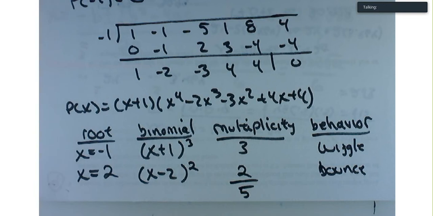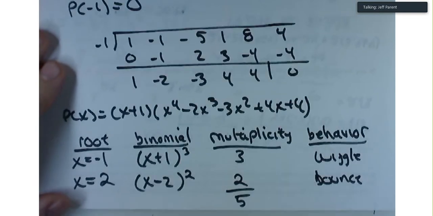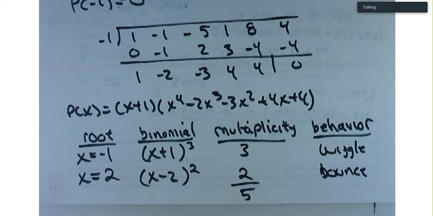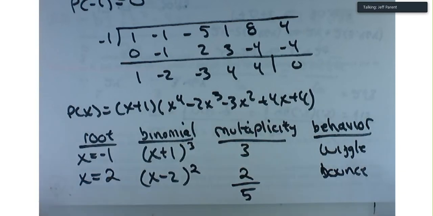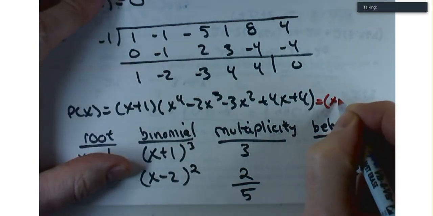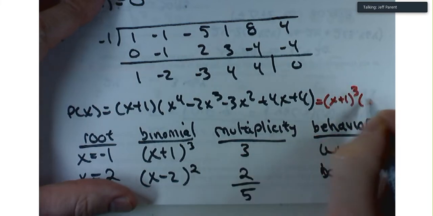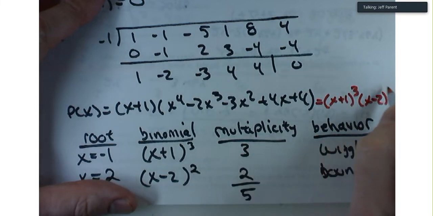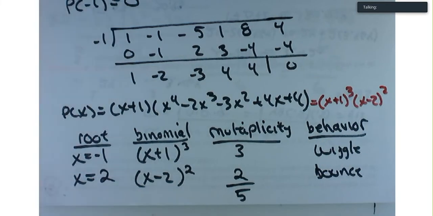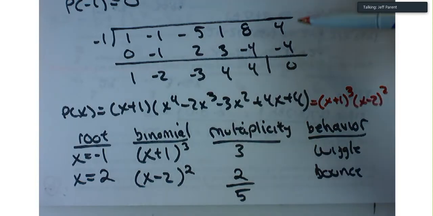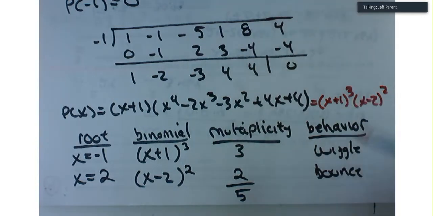In fact, what it's telling us is that this would eventually factor into x plus 1 to the 3rd power times x minus 2 squared. That is, if you did synthetic division 4 more times, that's eventually what you would get.